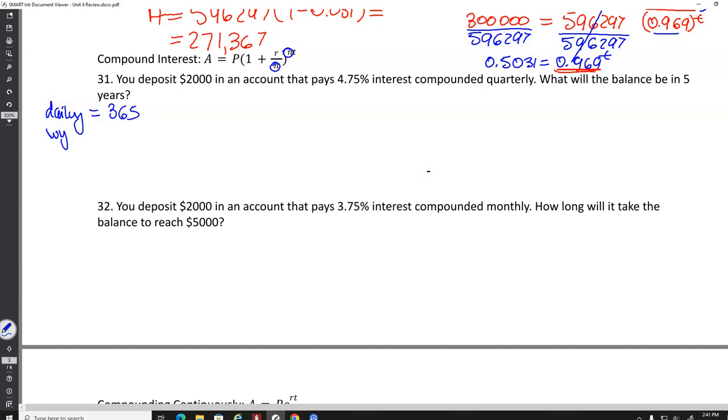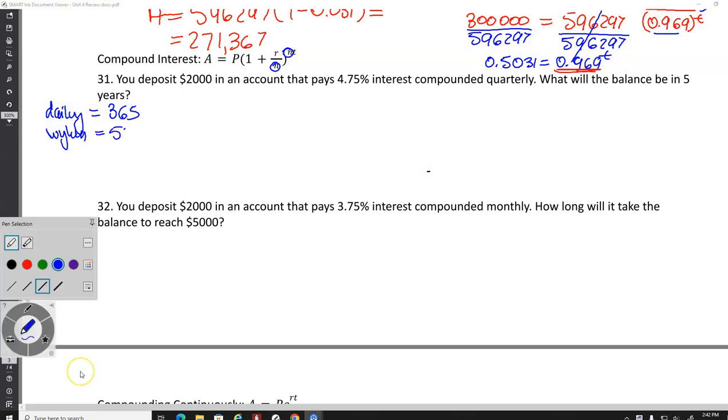Weekly is 52. Quarterly, you got 4. Monthly, you got 12. So that just means how many days, weeks, quarters, and months are in a year.